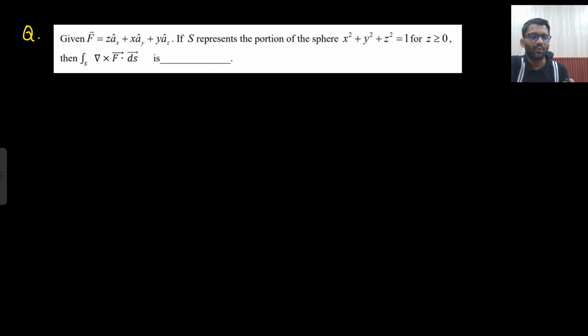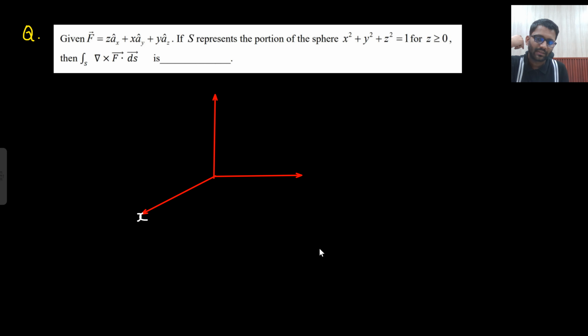So del cross F dot dS you need to find. So F function is given and what does S represent? S represents the portion of a sphere x square plus y square plus z square equals 1 for z greater than 0. So how will you make the diagram? It is representing only z greater than 0.